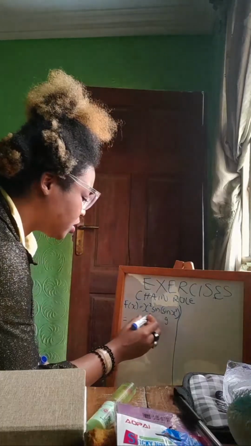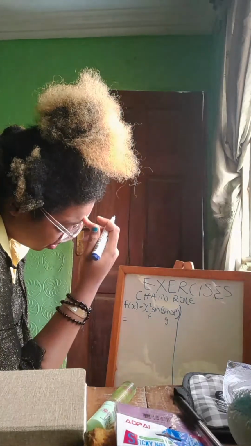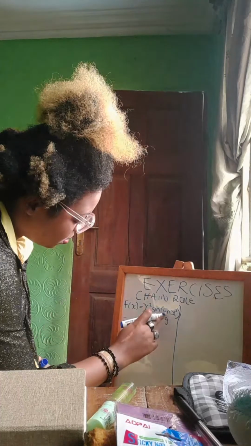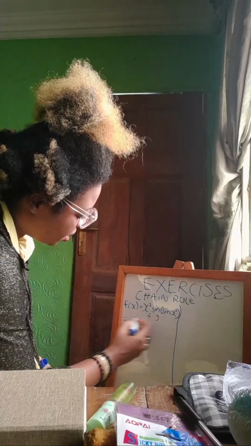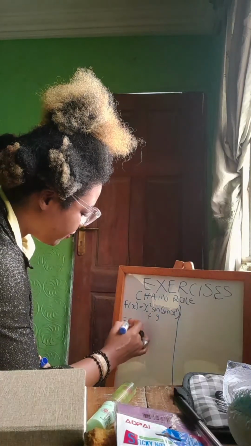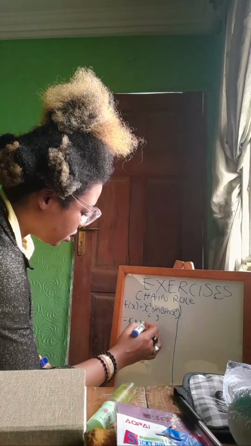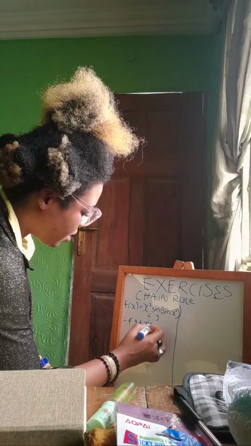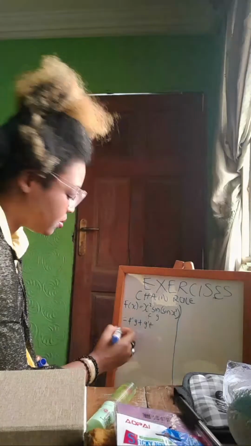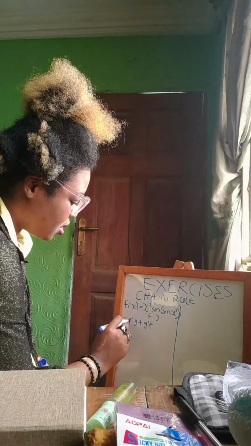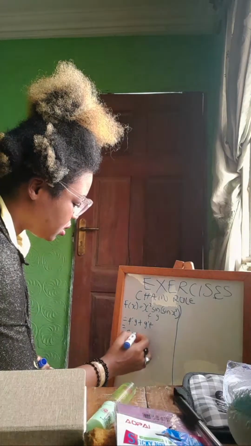So if I want to do product rule first, it's F prime G plus G prime F. And F prime is what? 2x.